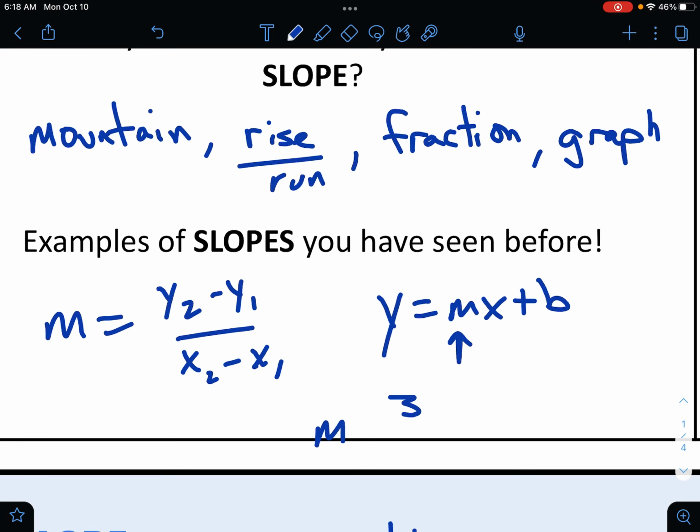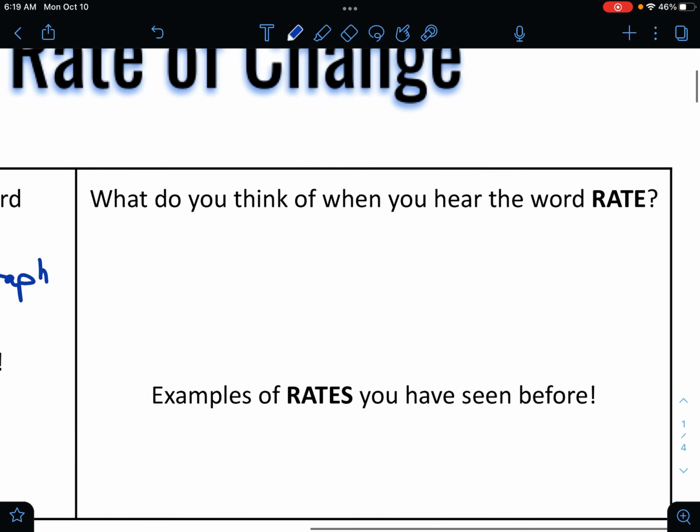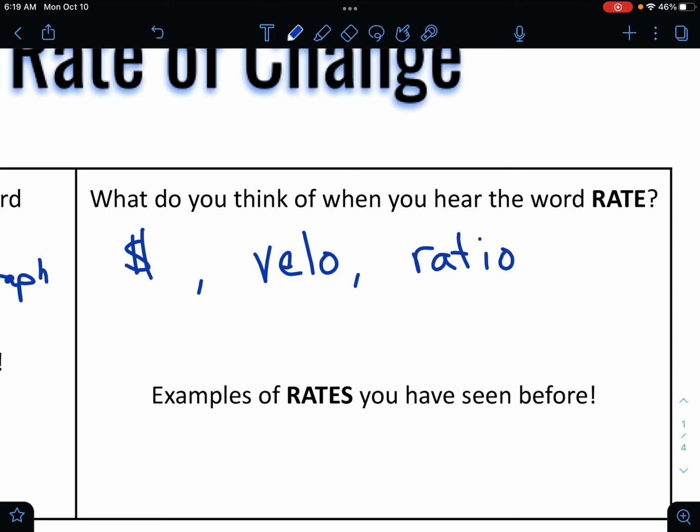Okay. Then, of course, the word rate. All right, rate you might think of like what's the going rate, like money maybe, right? Or maybe it's a speed or velocity. Maybe it's just a ratio, right? A rate, like 5 miles every hour, right? Something like that.